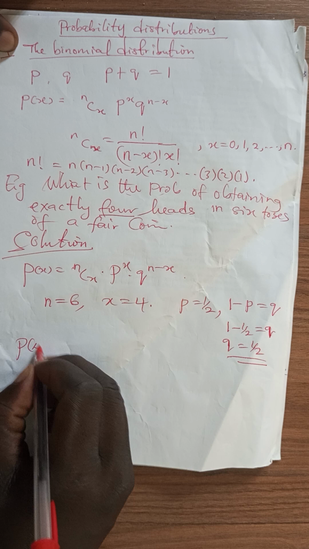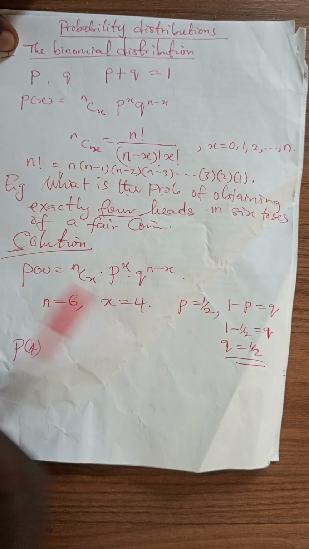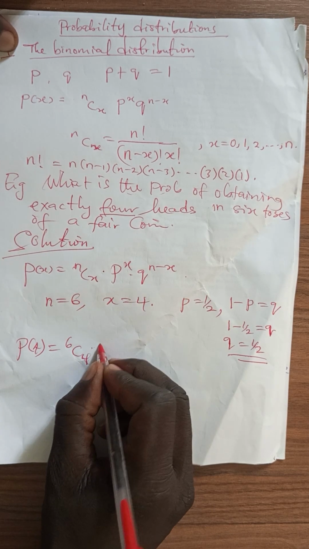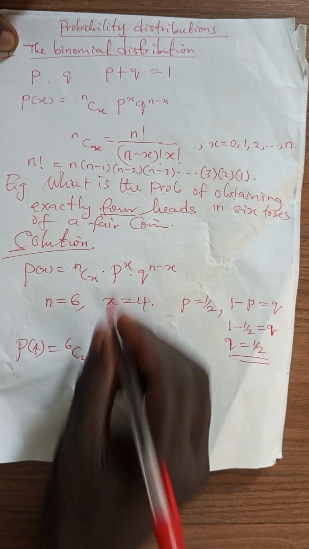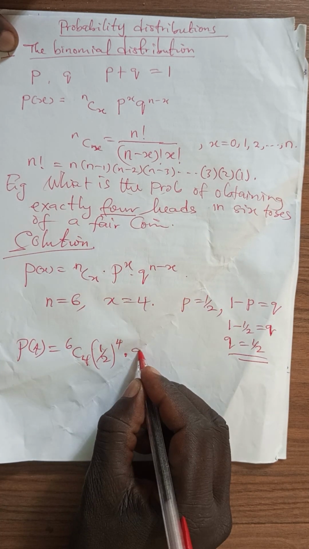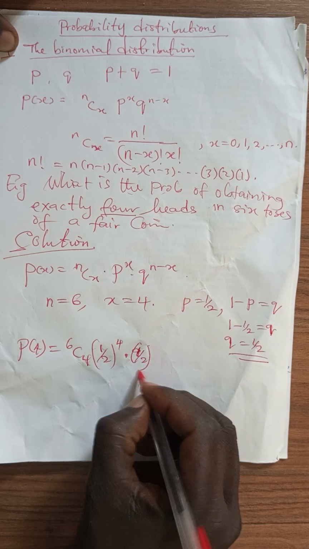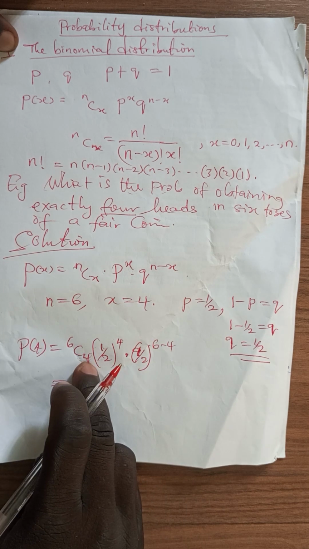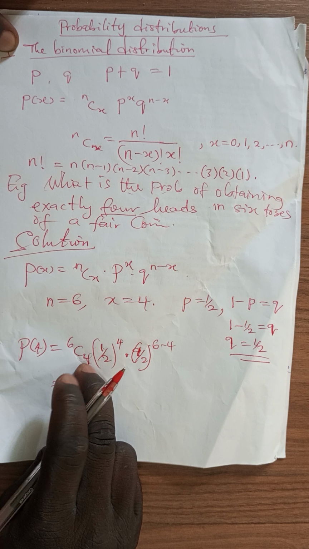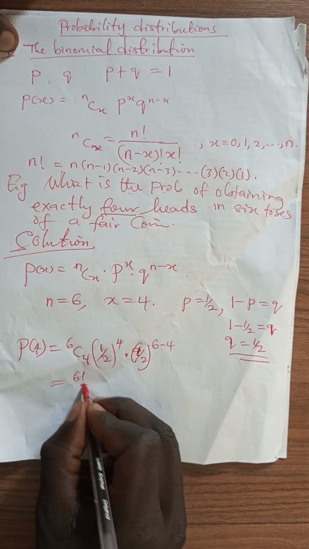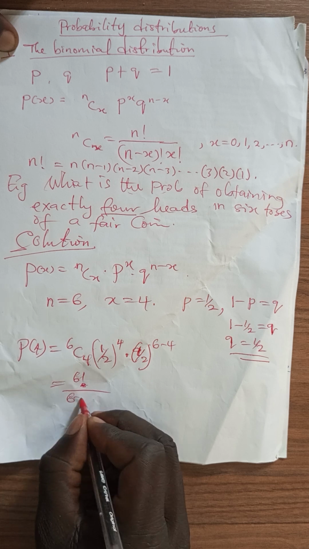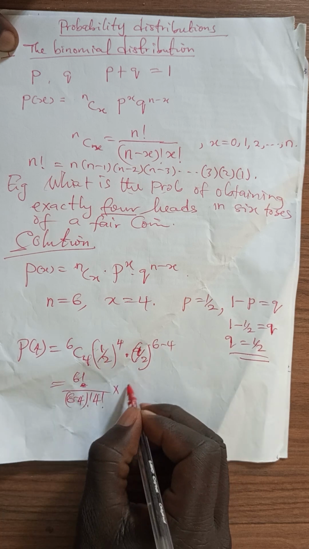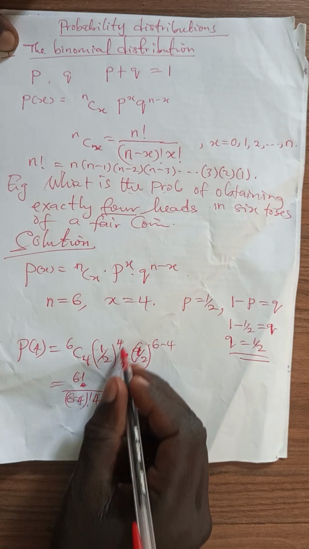Therefore, the probability of 4, because X is equal to 4, is 6 combination 4 times 1 over 2, which is P, raised to the power of X, which is 4, and then times Q, which is also 1 over 2, raised to the power of 6 minus 4, which is equal to 2. 6 combination 4 is 6 factorial over 6 minus 4 factorial times 4 factorial, times 1 over 2 raised to the power of 4.